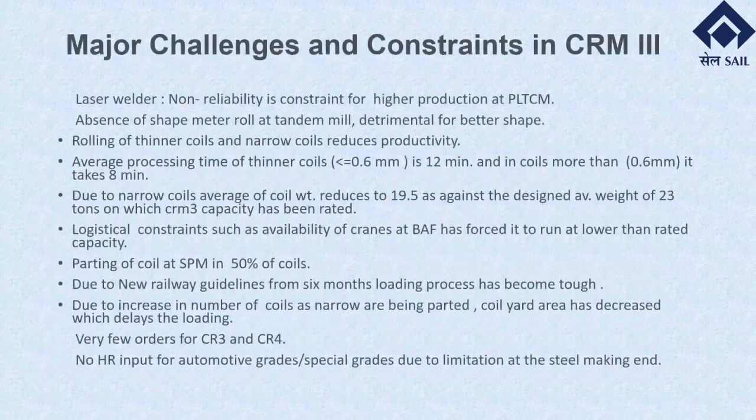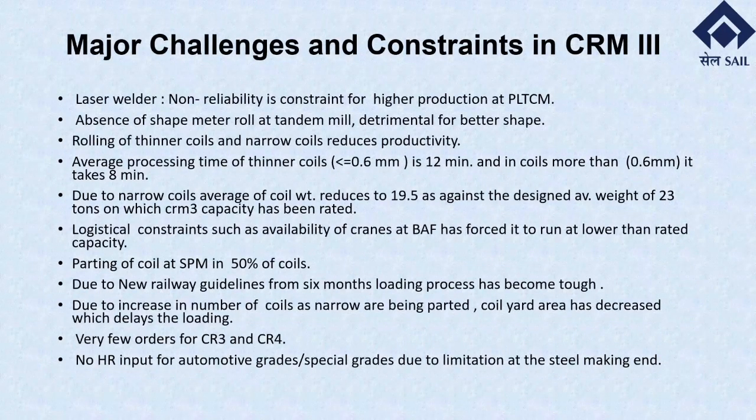Now, coming to the major challenges and constraints which we are facing in CRM3 at different sections. I'll start with the laser welder at PLTCM, which still has not been very reliable, but has improved manifold.